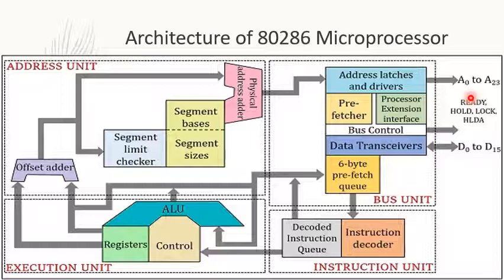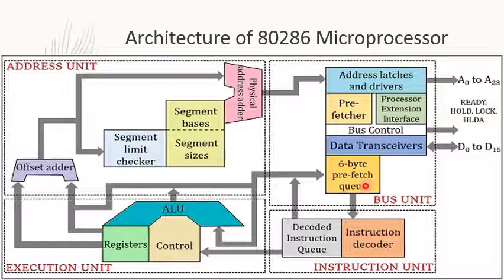The prefetcher module in the bus unit performs this task of prefetching. The bus unit has a bus control module which controls the prefetcher module. The fetched instructions are arranged in a 6-byte prefetch queue. In this way, the CPU prefetches the instructions to enhance the speed of the execution.